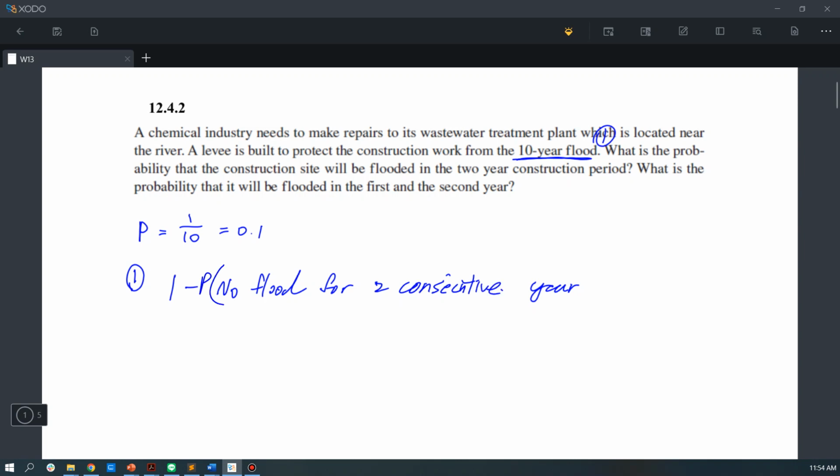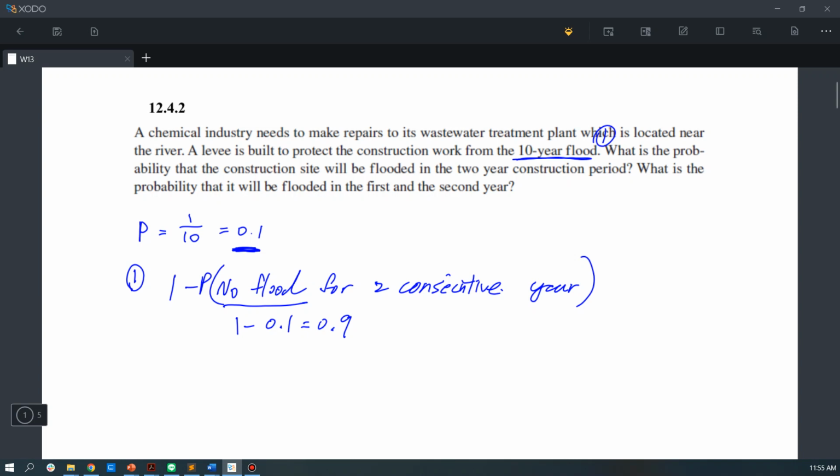So we want 1 minus the probability of this. 0.1 is the probability for the flood to occur in a year, so the probability for no flood to occur is 1 minus 0.1, which is equal to 0.9. That is the probability that no flood occurs in a year.